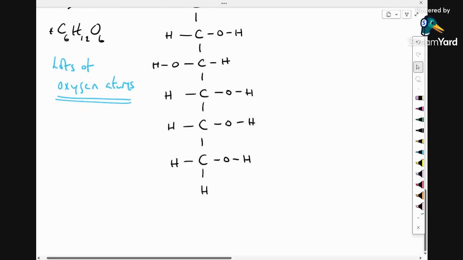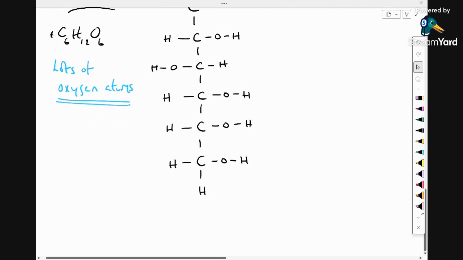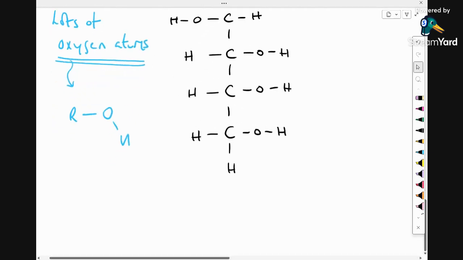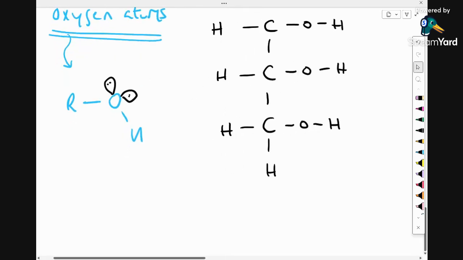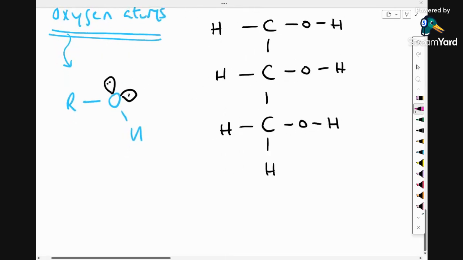Lots of oxygen atoms here, and we know from our water studies that if you have an OH bond, where R group here means just any sort of carbon chain, the oxygen has 2 sets of lone pairs in p orbitals, if you do chemistry, and of course the electronegativity value is very high.